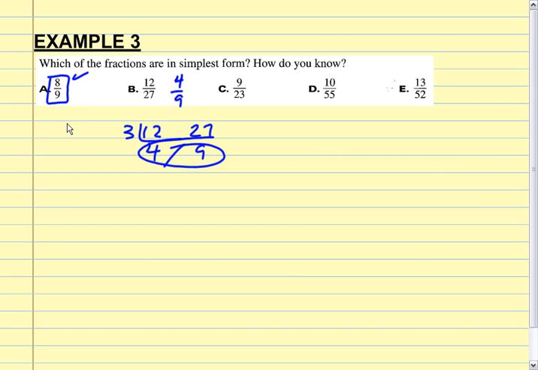Okay. Allie, let's look at 9/23. Is that thing reduced? Is it in simplest form? No? Let's check it out. 9 and 23. Okay? Start with 2. Does 2 go into both of them? No. Does 3 go into both of them?